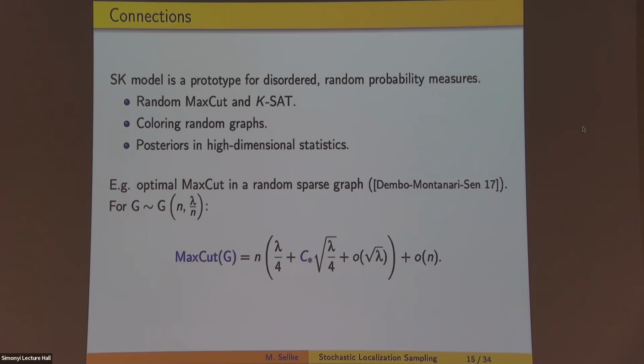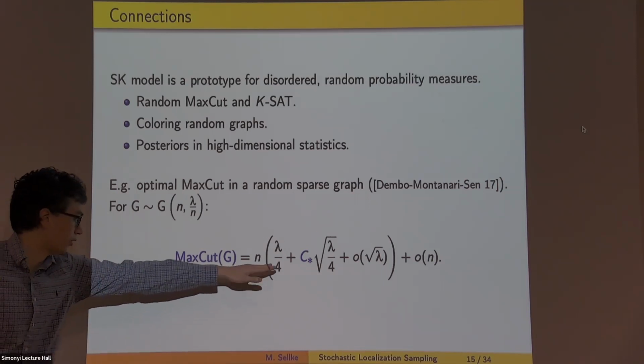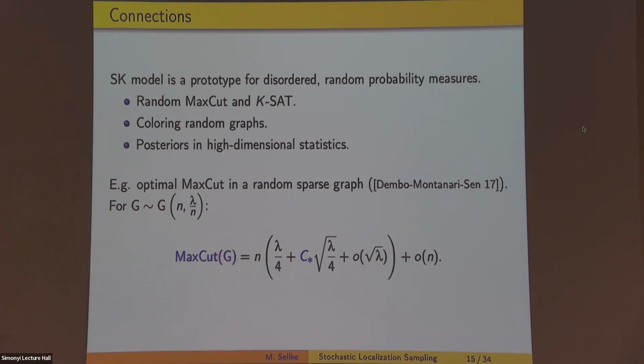One nice example I like to mention is that if you look at a random sparse graph where the sparsity is growing slowly with n, so lambda is maybe log n or something, this is an Erdos-Renyi graph, then the max cut value is half the number of edges, that's n over 4, and then the next order term has a constant, which is like the ground state of the SK model, and it's implausible to get this constant otherwise.